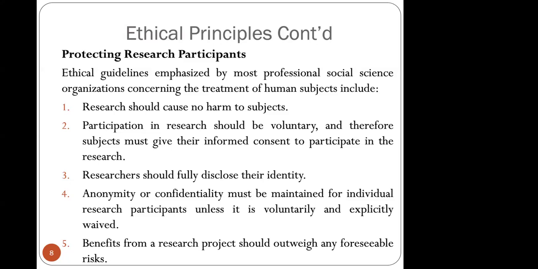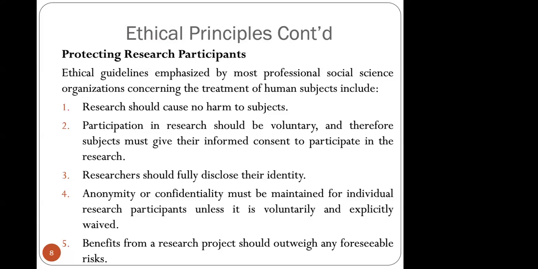So therefore, subjects must give their informed consent to participate in the research. So you give the person the consent form, and the consent form should give a preamble about what type of research you are conducting and what the subject matter is. So you need to introduce the subject matter, the topic of the research, to the respondent, and lay emphasis that this research is not coercive, it's voluntary.